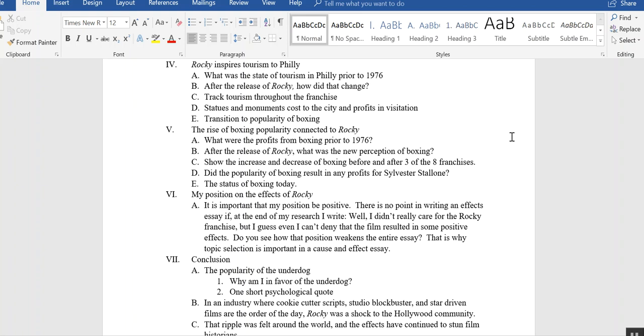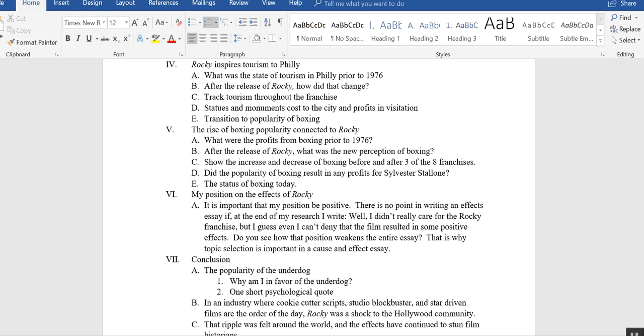That's right. Now, here we go down into another area that makes this a position paper, and that is where I am going to include a paragraph that describes my position on the effects of Rocky. Now, this is an important thing that I've written here. It's important that my position be positive.